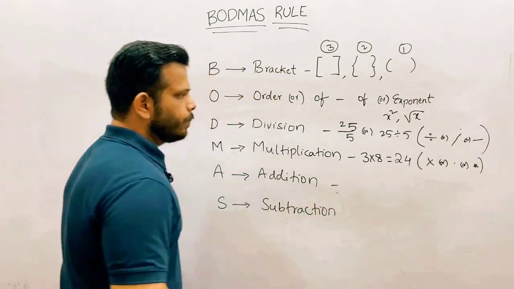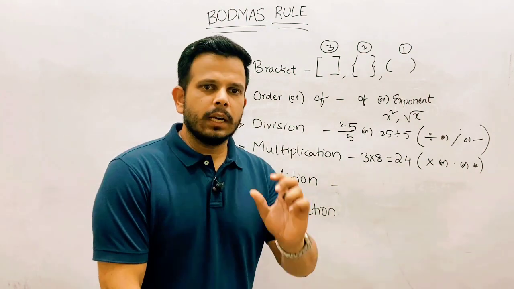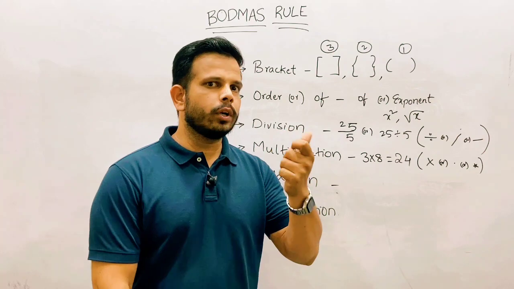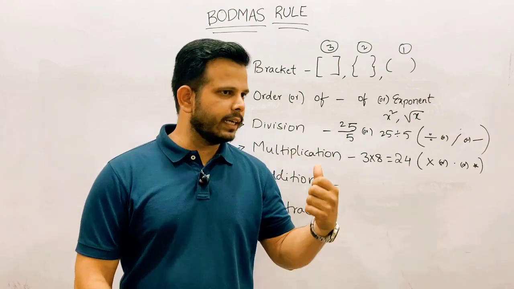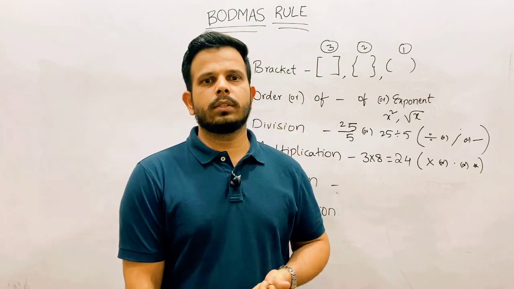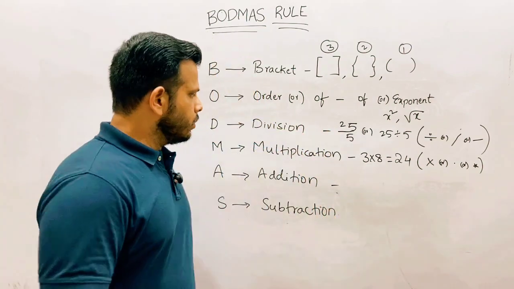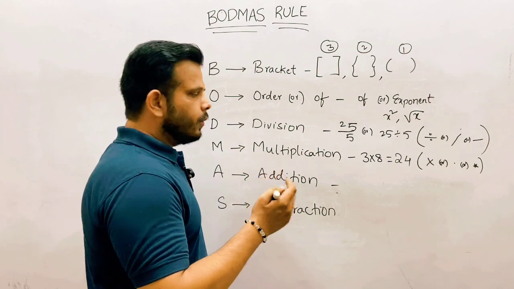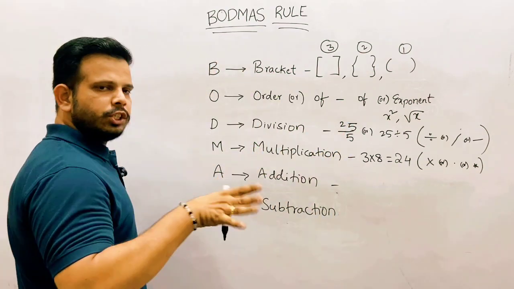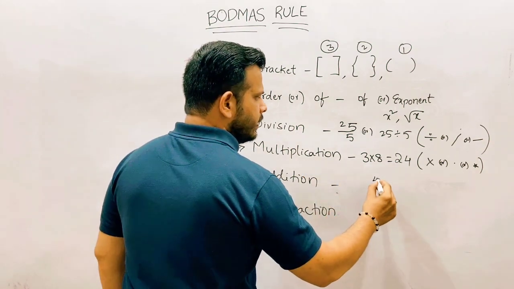Next coming to addition. What is addition? Addition means counting. I have told you the story of the early man, how addition started. He started counting the stones. So addition is nothing but counting. If I say there are five objects on this table, how did I get this 5?